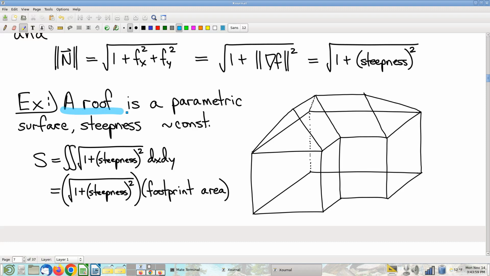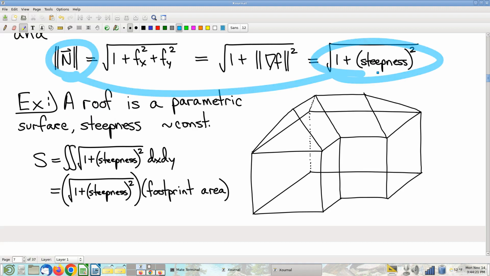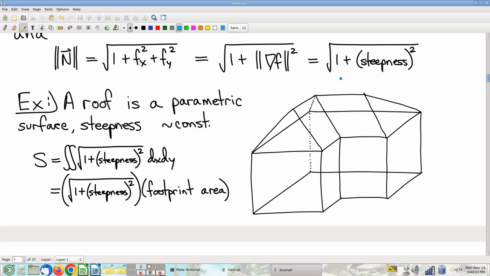Roofs are mostly graph parameterizations, right? I should say they're graphs. There's usually no roof underneath other roof. Maybe just a couple inches of overhang here or there, something like that. But mostly it's a graph. And so the stretching factor is just a function of the steepness. And here's another neat fact about roofs.